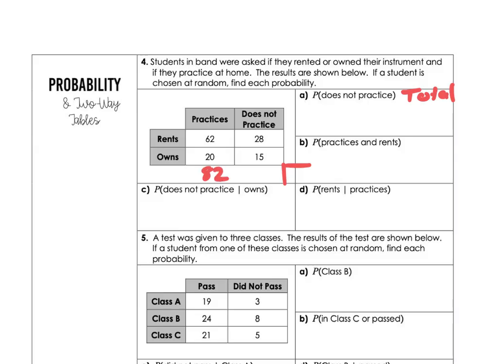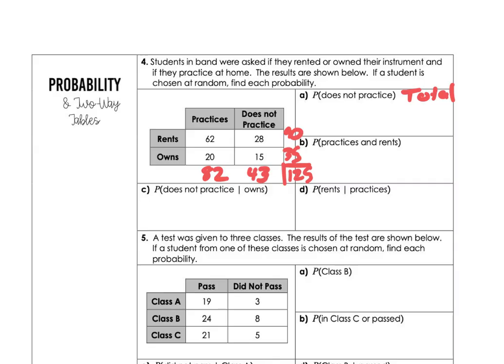And you may not need each specific category, but I'm going to go ahead and fill out each category, because there are going to be some times where maybe I'm going to use the whole group of people that own their instrument, or maybe all the people that practice their instrument. So if we add those together, how many total people do we have? 125. So there's 125 students that were surveyed in the band.